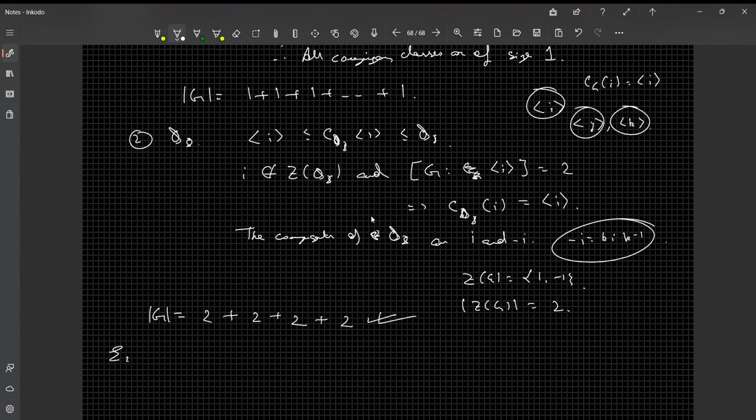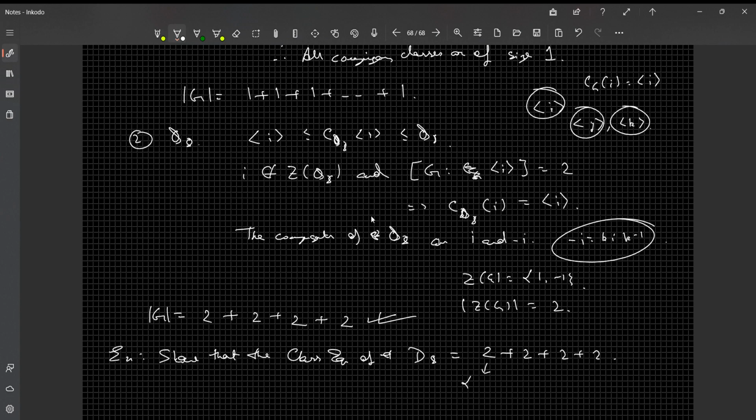Exercise. Show that the class equation of D8 is the same as Q8. So it's 2 plus 2 plus 2 plus 2. If I give a simple hint, remember that the center contained only two elements, 1 and r squared, right?